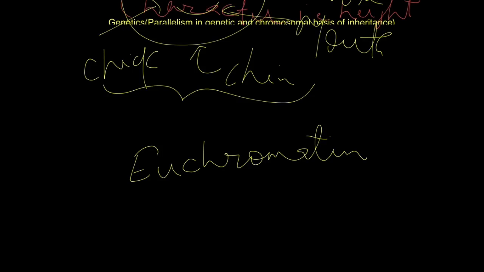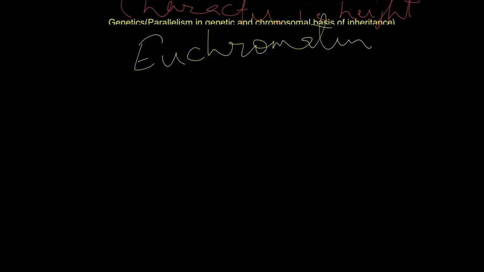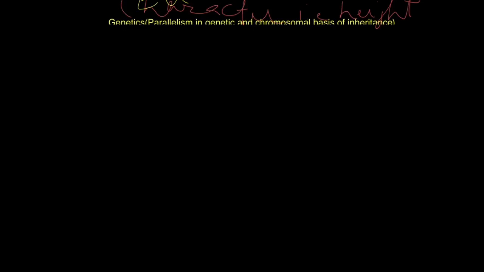This euchromatin is actually acting like a gene in the chromosome, and this is, in fact, what is called a gene in Mendelian genetics. Now let us get a clear idea about the parallel behavior of gene and chromosome.